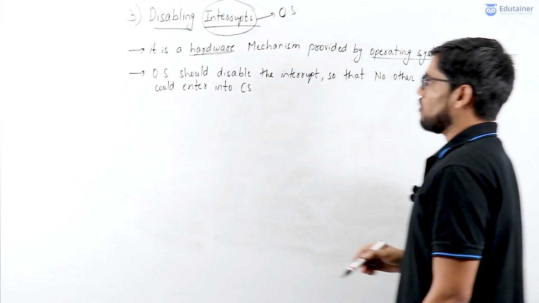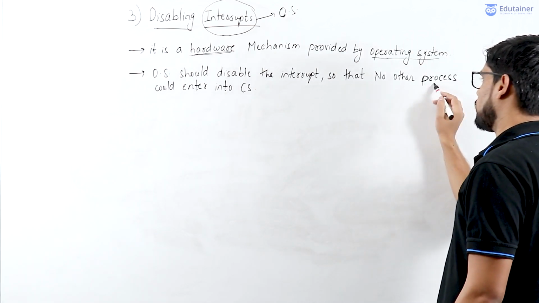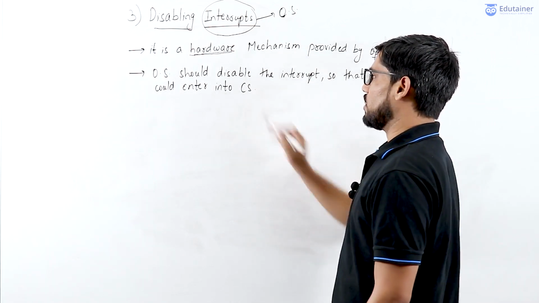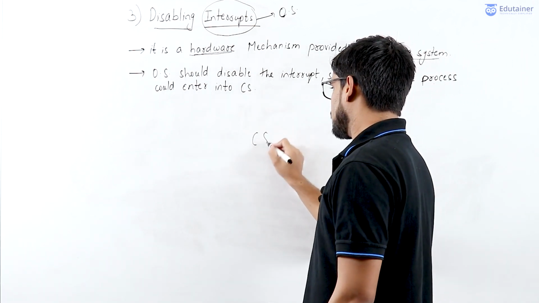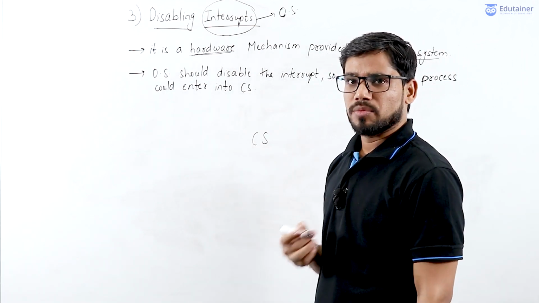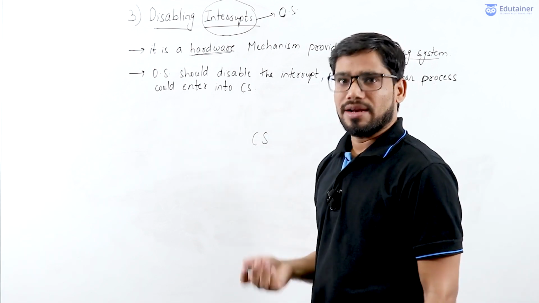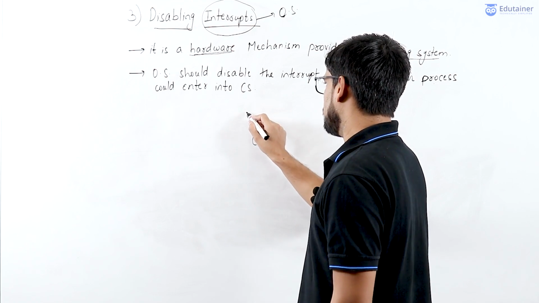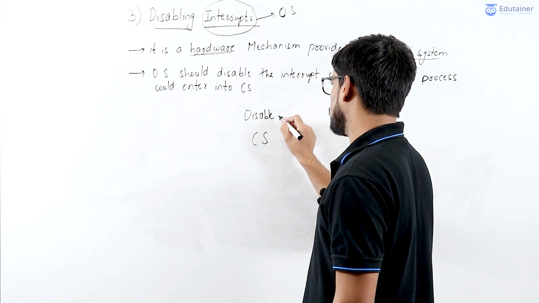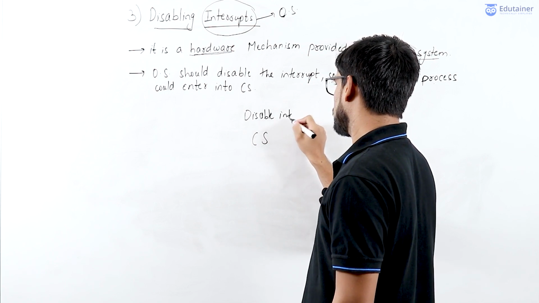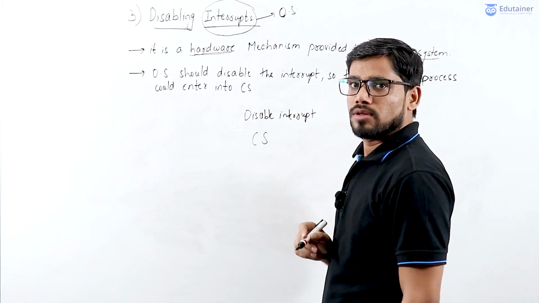The operating system should disable the interrupt so that no other process could enter into the critical section. What I mean to say is, let's say you have a critical section. Critical section means shared resources, and before this critical section we have the entry section. In the entry section, we are disabling the interrupt by using the operating system, and after the critical section we have the exit section.